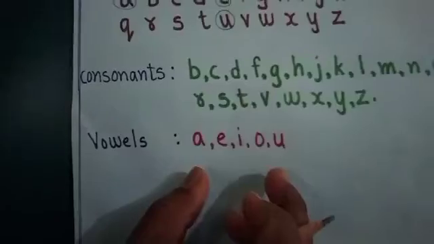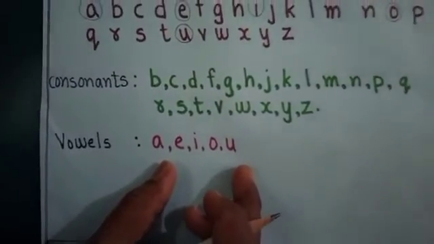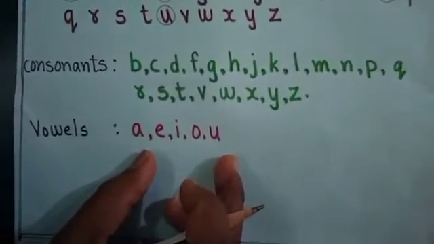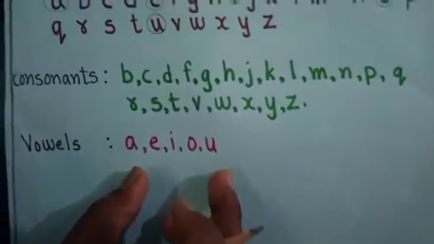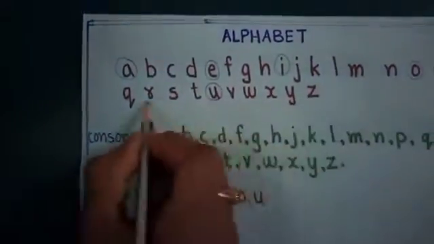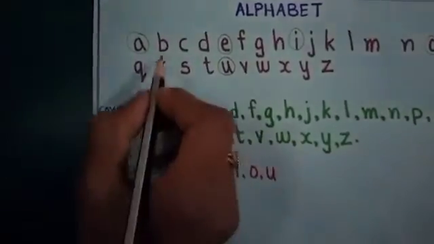Except these letters, mostly we can't form any word. And except these letters, remaining all are called consonants. What are they?